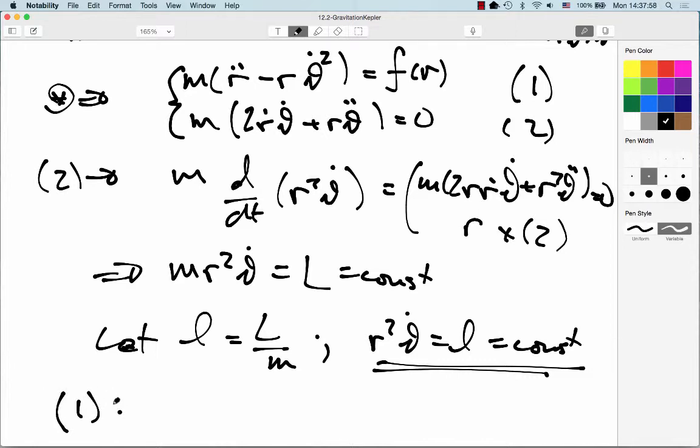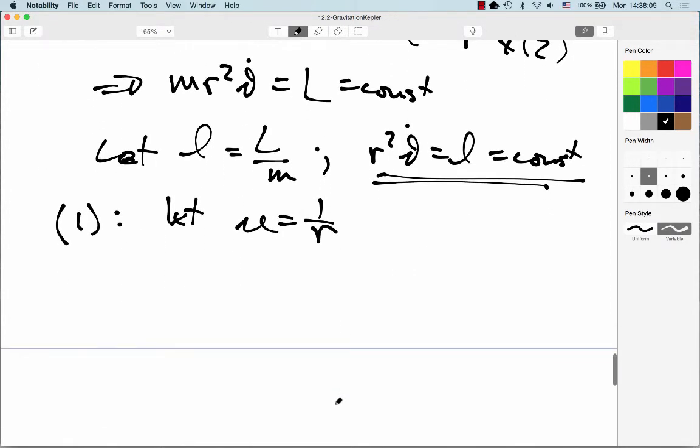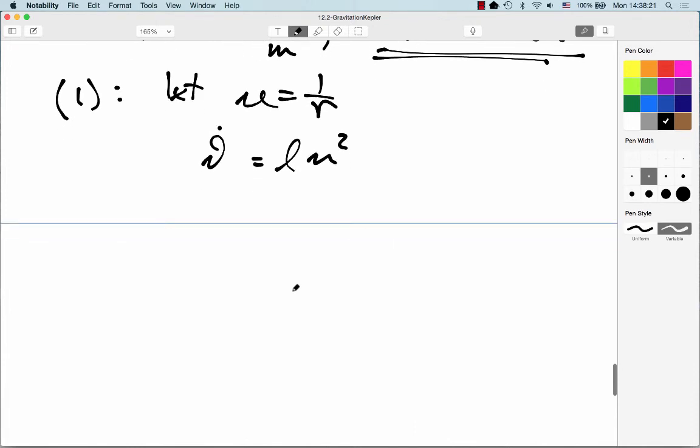All right, now going back to equation 1. The usual trick with that is to let u equal 1 over r. So from here we can write that theta dot is equal to l u squared.